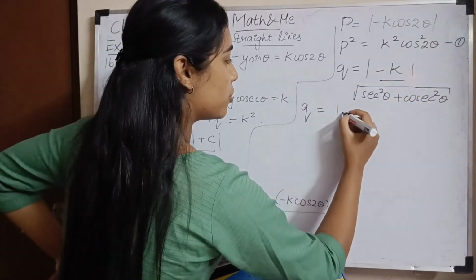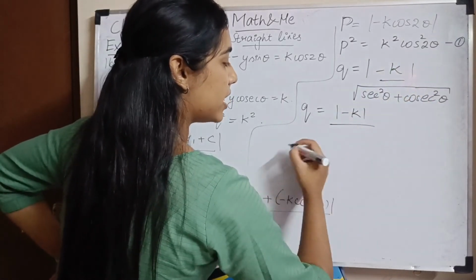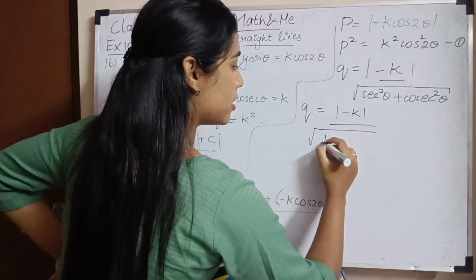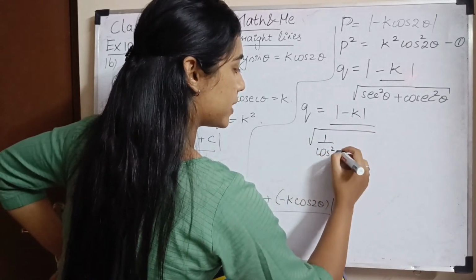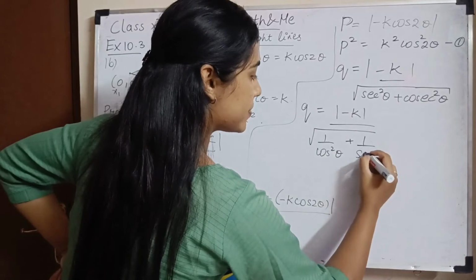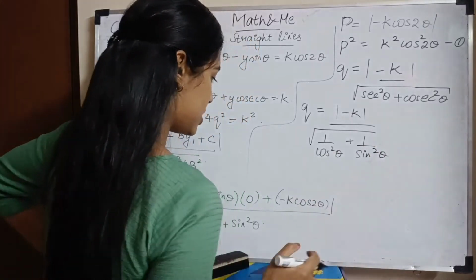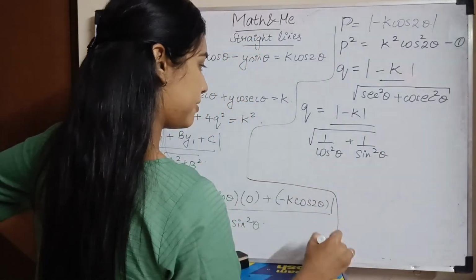I'll change secant theta to be 1 by cos theta and cosecant theta to be 1 by sin theta. Okay? So in the numerator, you have minus k divided by root of 1 by cos square theta plus 1 by sin square theta. So when I take the LCM, what do I have?